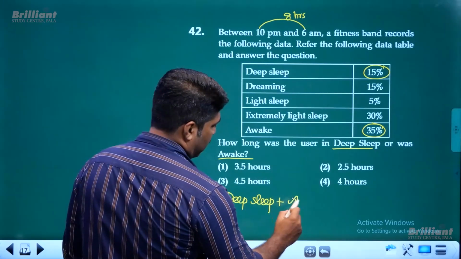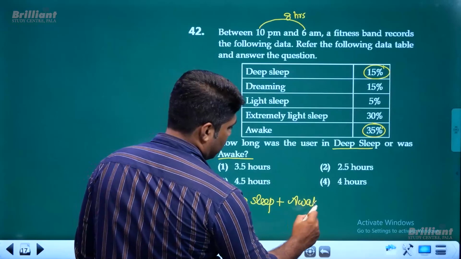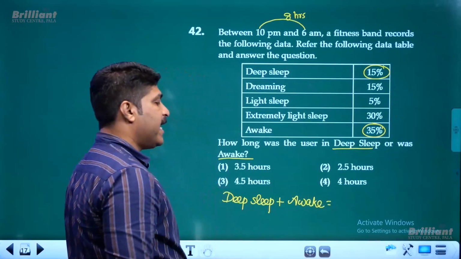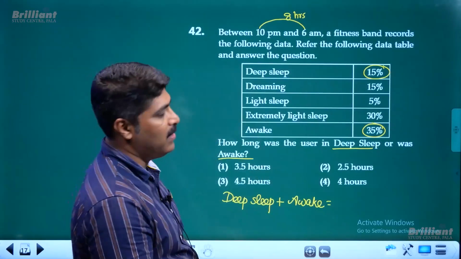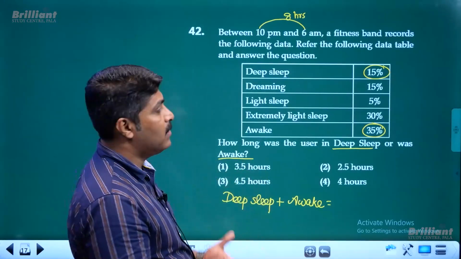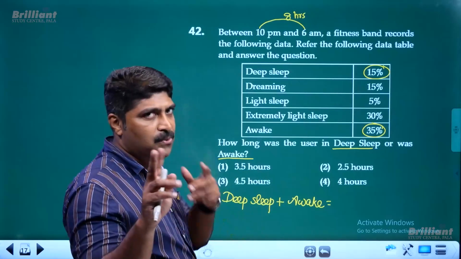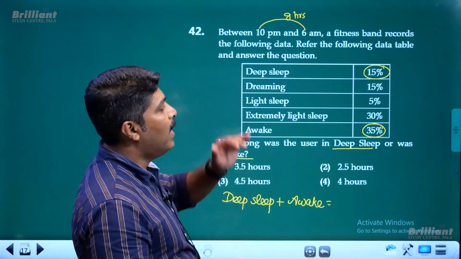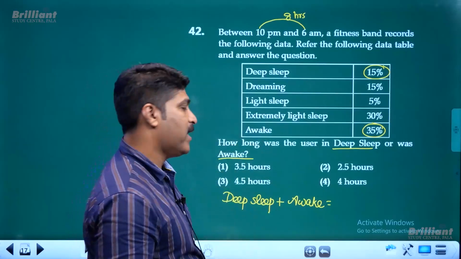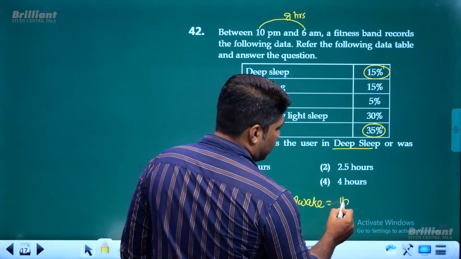Here we can consider it in the form of addition, because either of those two things happens. That means 15% and 35%, two such conditions. How long the person stayed in those two conditions, that is what we are going to find out.